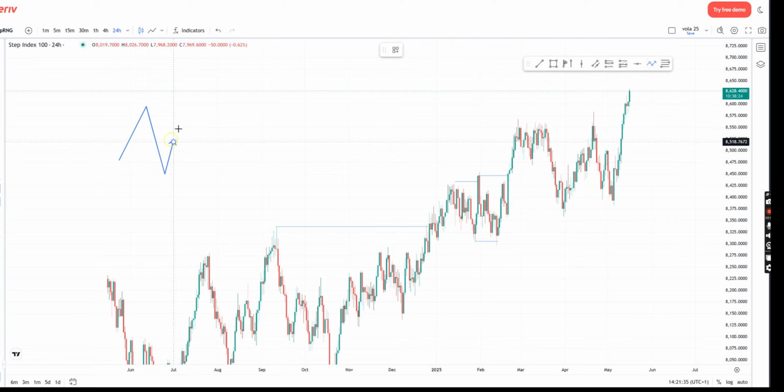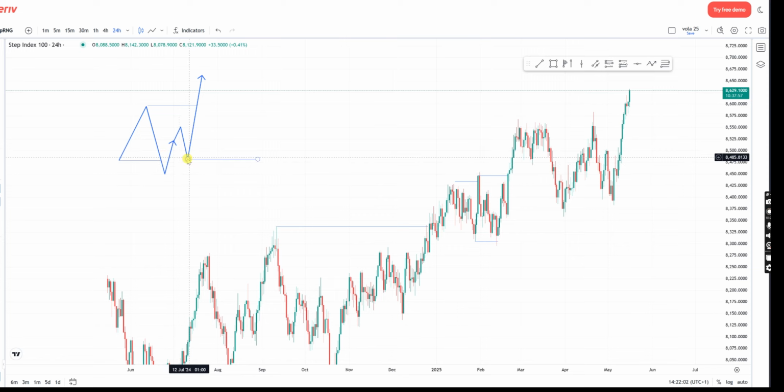It goes up, then before it breaks this structure, it pulls back and then breaks the structure. Now this is not my structural liquidity. This is a break of structure. This is a sweep, and this is not structural liquidity. This is an internal structural liquidity, not an external structural liquidity.